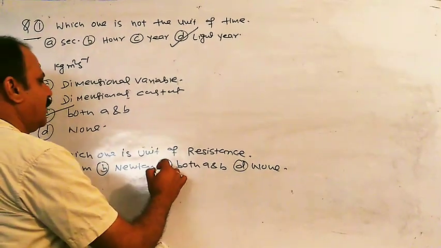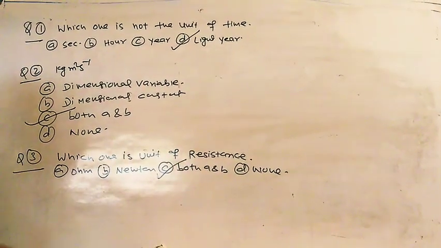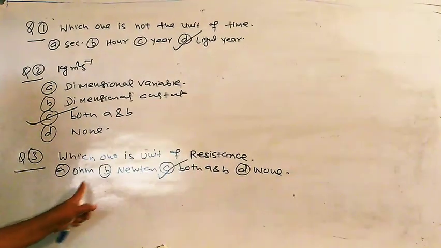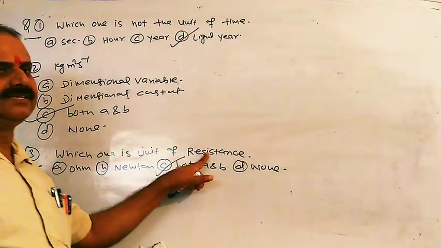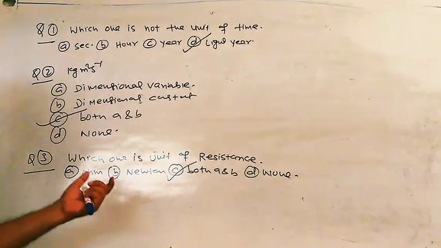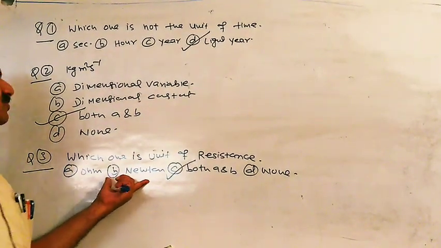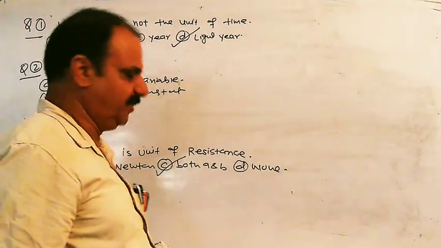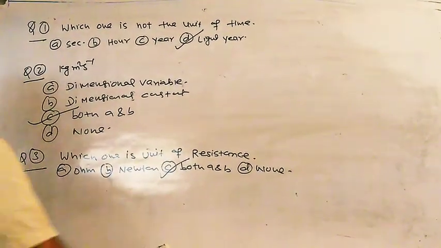C. Both A and B. If it is electrical resistance, unit is ohm, and if it is air resistance, water resistance, and human resistance, so resistivity, that is the opposing character, it is Newton also. Answer is both A and B.